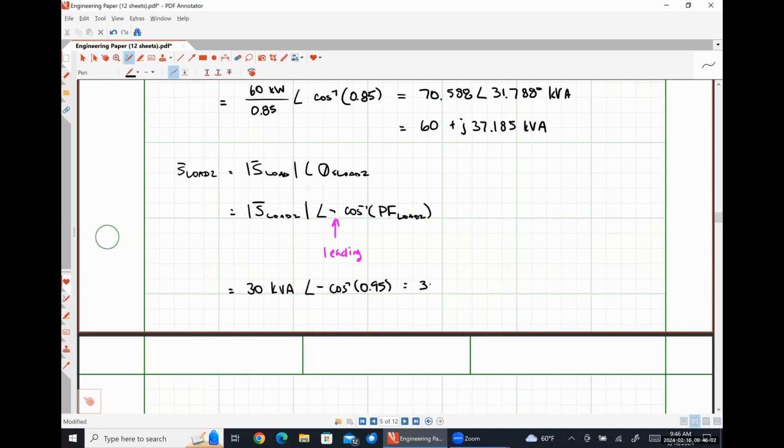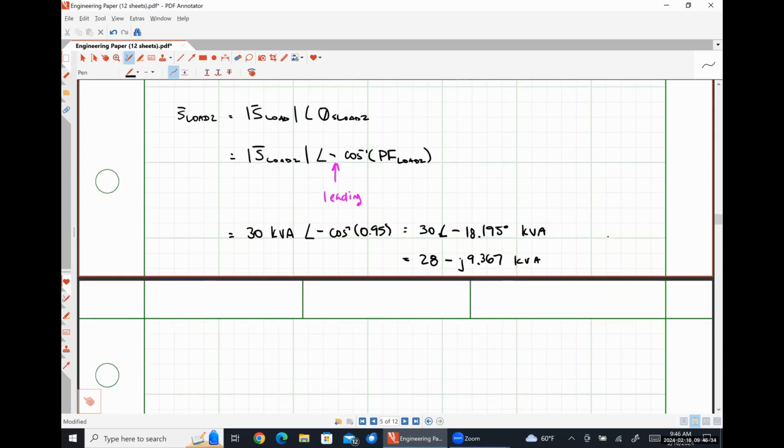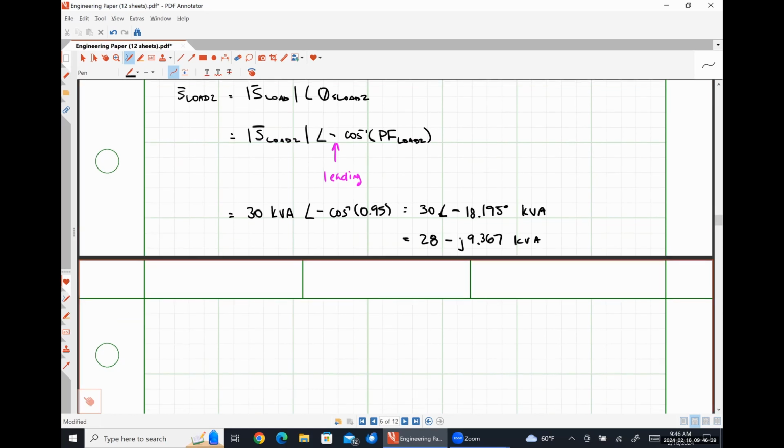And I got 30 angle negative 18.195 degrees kVA in polar form, and 28 minus j9.367 kVA in rectangular form. Now, I'm just going to add those two results together.